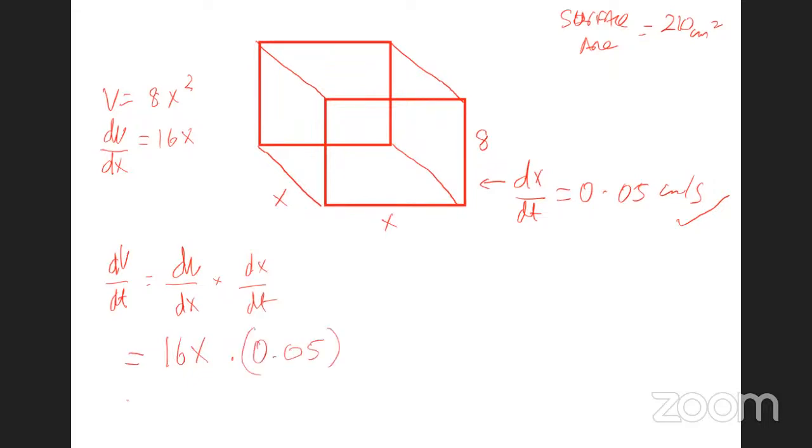How do we get that x value there? Celine? Any ideas? Anybody? Justin?